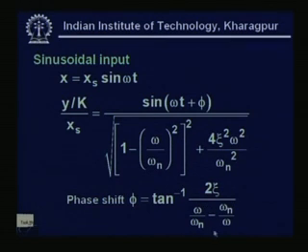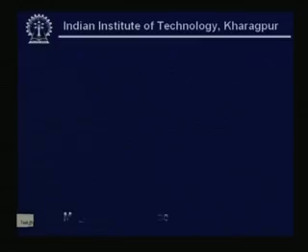You can see here that when omega equal to omega n, it is always minus 90 degree. That does not depend on the value of xi. Mathematical fallacy will come, like what will be 0 by 0 and all these things. I am not going into the details of that. Let us go back.